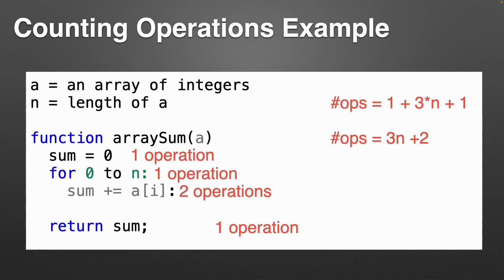Then if we think about how this will execute, depending on the size of the array, we're always going to do sum once, and we're always going to return once. But these operations will depend on the length of the array, so we'll do those n times, where n is the length of the array. And that let us come up with a formula like this. That was nice, because now we can take different algorithms, do this, come out with 2 formulas, or however many formulas, and compare them.